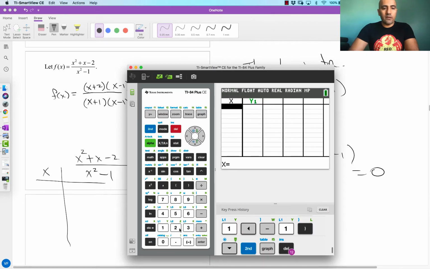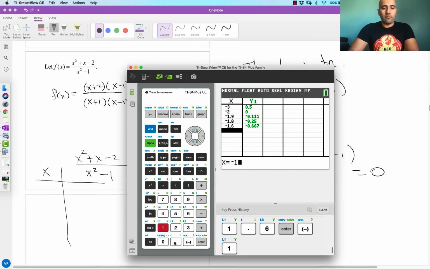So as x approaches negative 1, let's start off by going from negative 3 to negative 2 to negative 1.9, negative 1.8, negative 1.6, negative 1.4, negative 1.2, negative 1.01, negative 1.001, negative 1.00001.